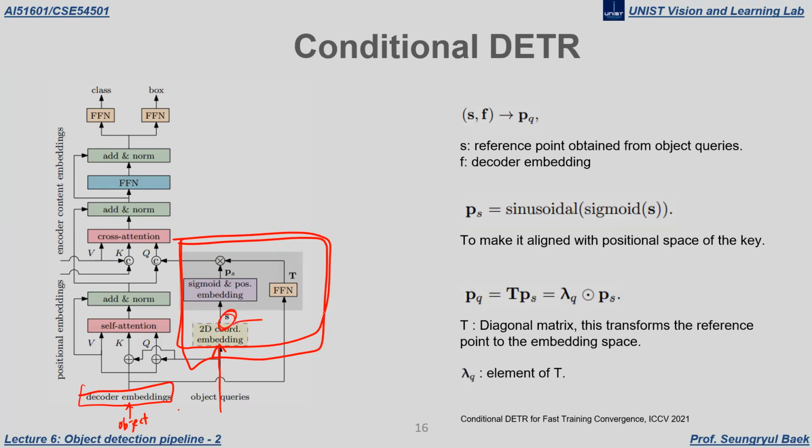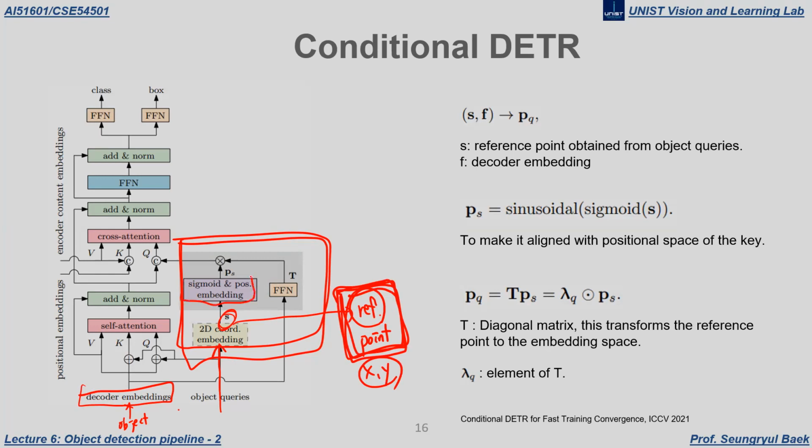This is similar to the reference point obtained in deformable DETR, denoting the XY positions in the image space.